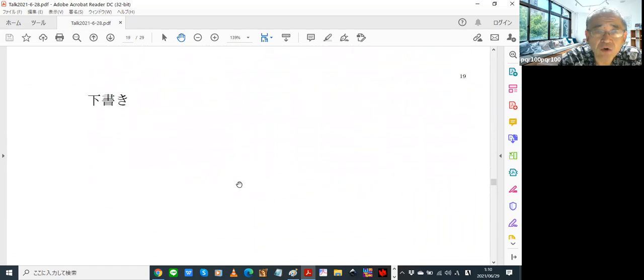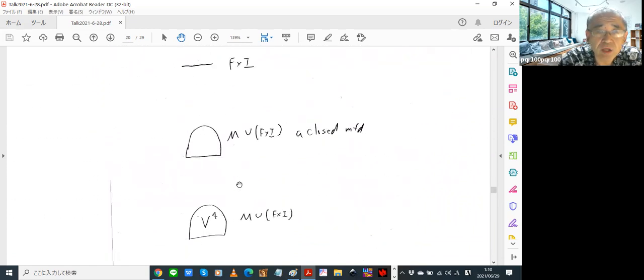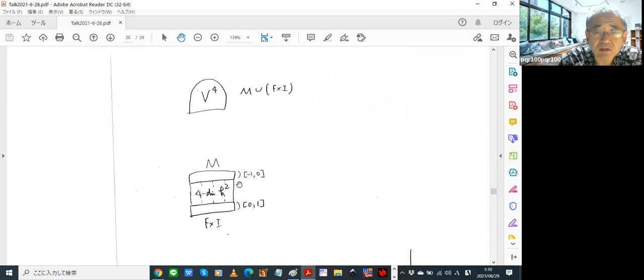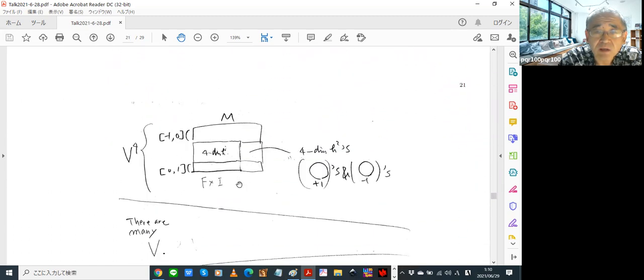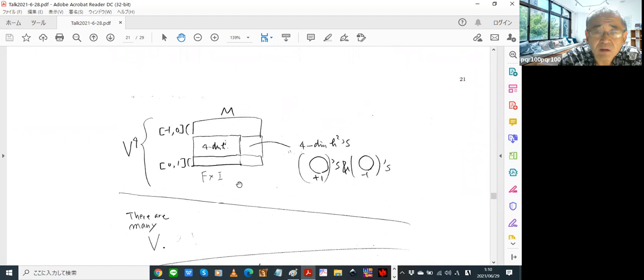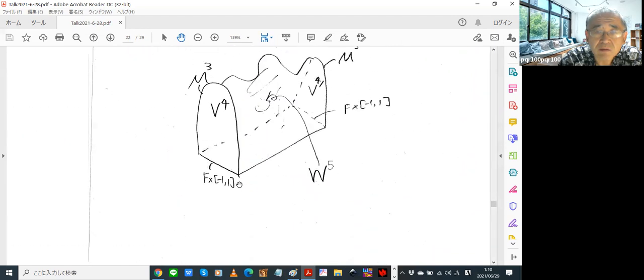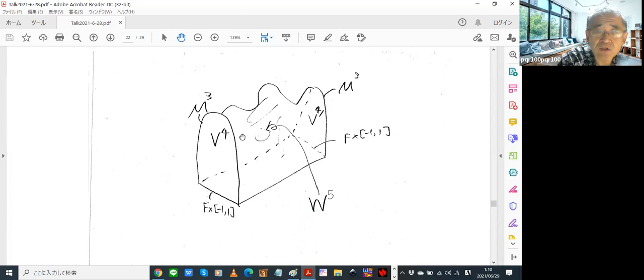Why the simply connected condition S works. I explain why condition S is important. We are given M, the boundary is F and F, and fix meridian and longitude.